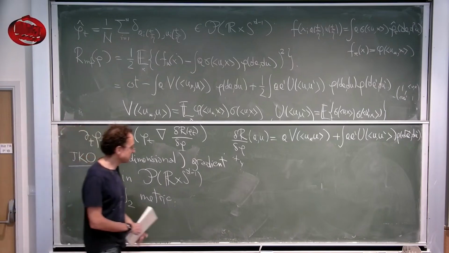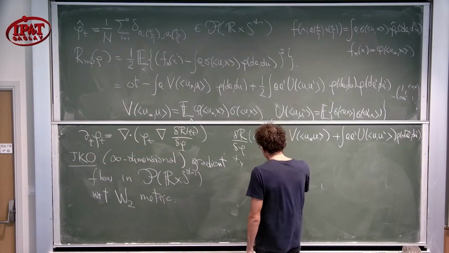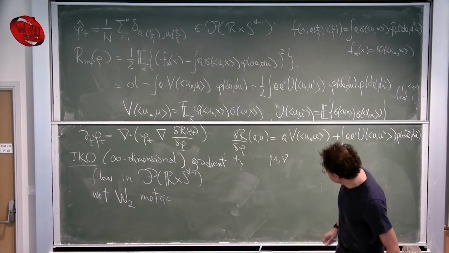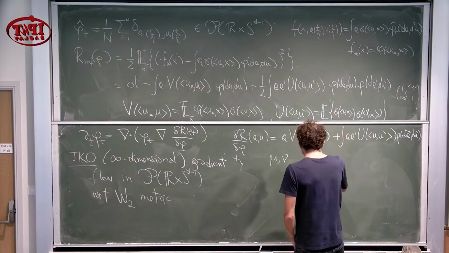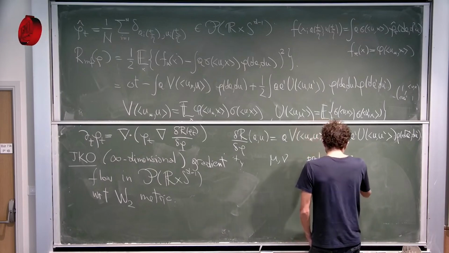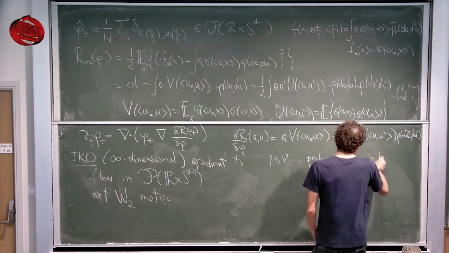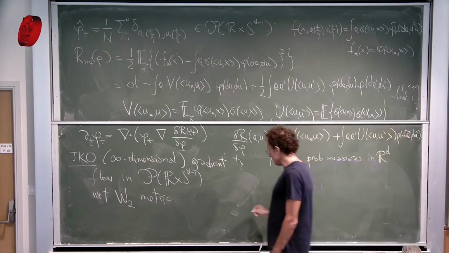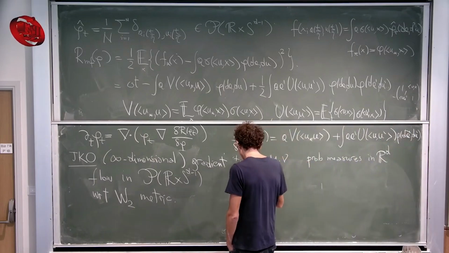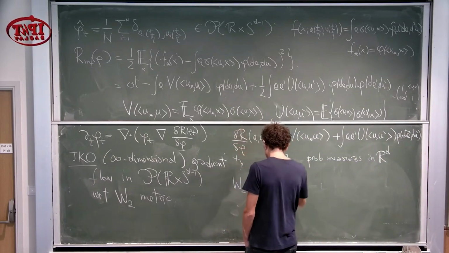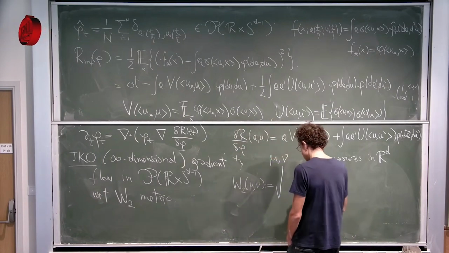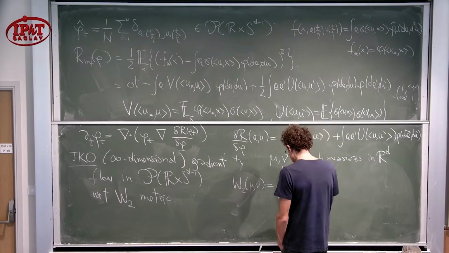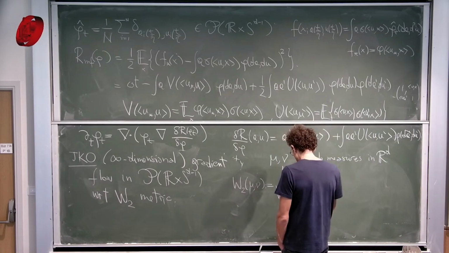Okay, this is instructive. If you have two probability measures, mu and nu, on the same space, let's say R^d for simplicity, then W2 of mu and nu is defined as the square root of the minimum over all gammas that are couplings of mu and nu of the integral of |x minus y|^2 gamma(dx dy).